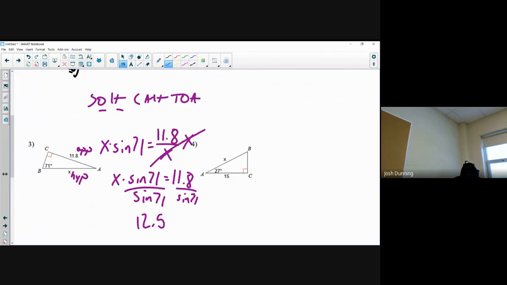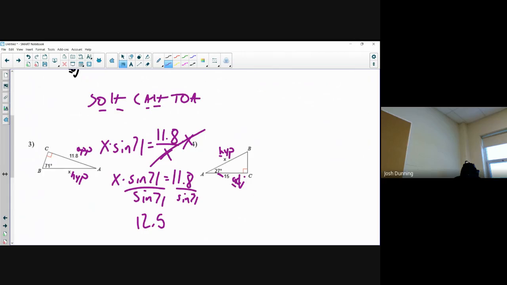All right, so X again, crossing the box, height. Now, if we're standing at A, at the 27 degrees, we're right next to the 15. So that's adjacent. So we have the A and the H. Oh, hey, look, A and H. C for cosine.